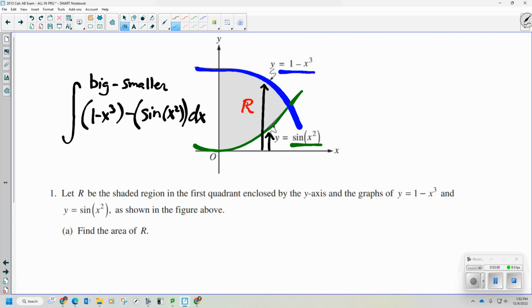Our problem here is I know I start from 0, my lower bound. I need to know this intersection point right here. Where is this on the x-axis? I'm going to put it in a calculator and see where they intersect.